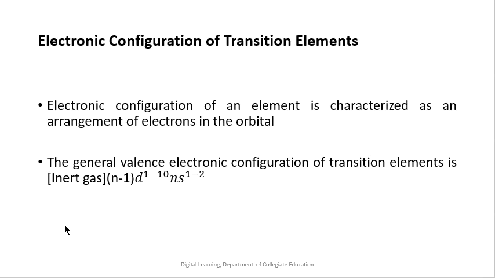So the general valence electronic configuration of transition elements is the configuration of an inert gas, (n-1)d 1 to 10, ns 1 to 2. n-1 corresponds to the inner shell, whereas n is the highest principal quantum number of an occupied orbital in that atom. Also, we can observe that the filling of d orbitals takes place after the filling of the s orbital of the next higher shell.